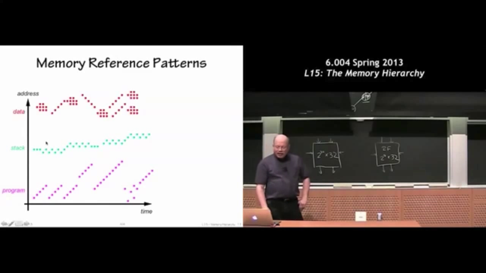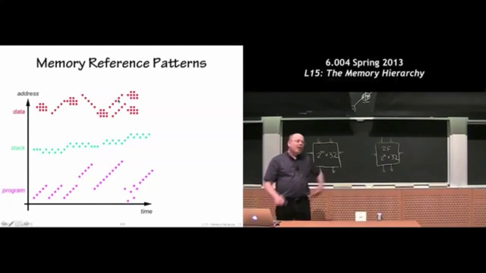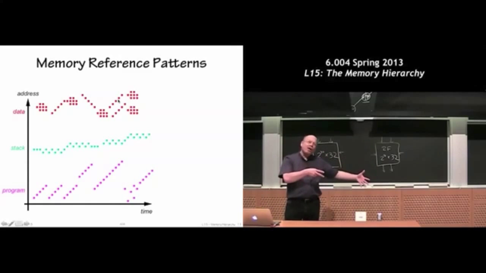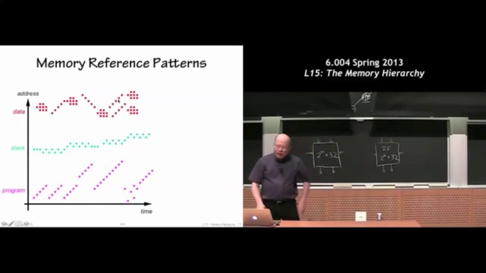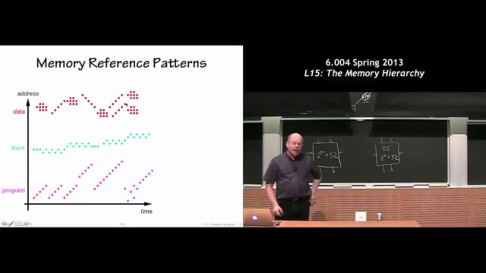And in terms of data accesses, we're accessing structs in memory, or perhaps stepping through an array. In some cases, as shown here, we may in fact be copying from one array to another. So we might have a load and a store, where the load comes from one data structure and the store goes into another data structure. But most programs have a certain systematic way in which they're dealing with particular objects at a particular time, or dealing with a particular part of the array at a particular point in the program.